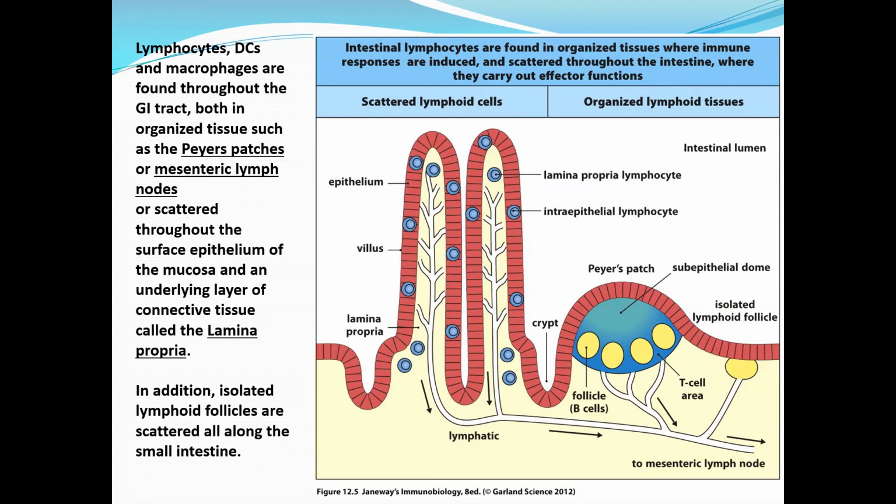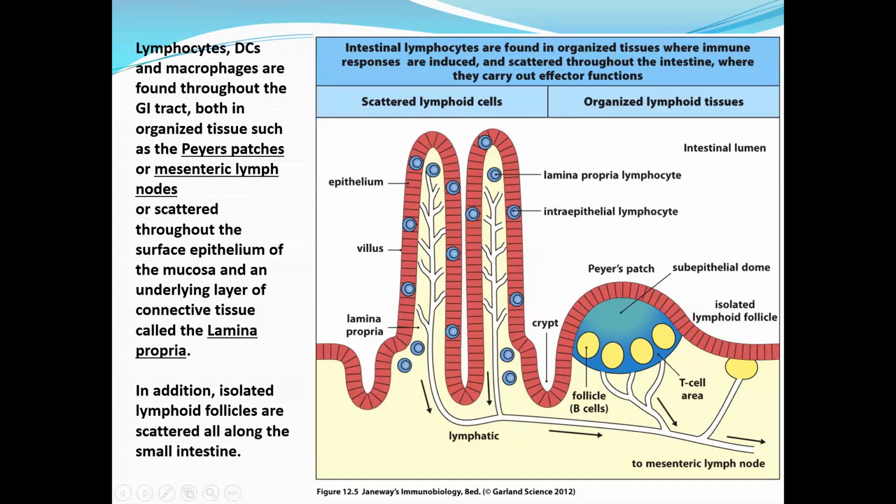From the lamina propria are lymphatics which go to the mesenteric lymph nodes. And this is where any T cells or B cells which get activated here will move through the lymphatics to the mesenteric lymph nodes for further differentiation and seeing antigen from dendritic cells and so on.